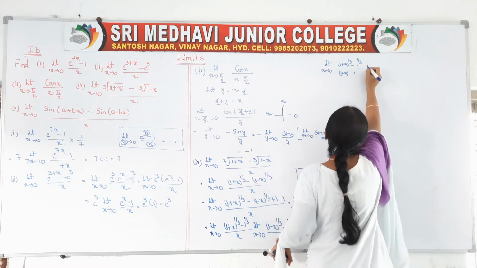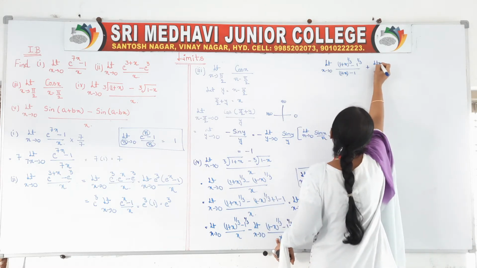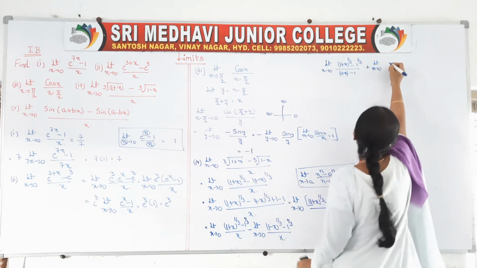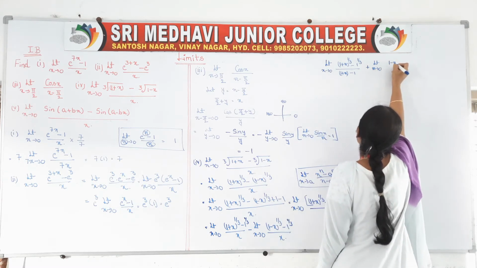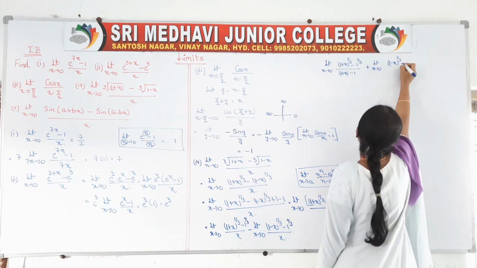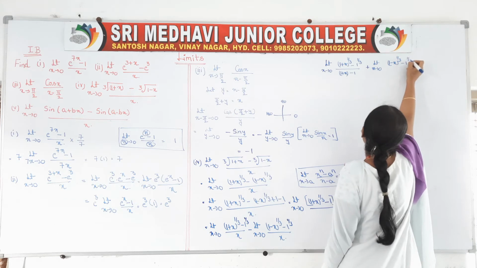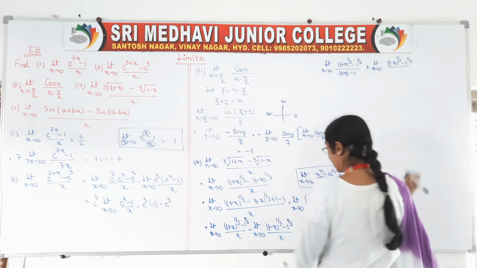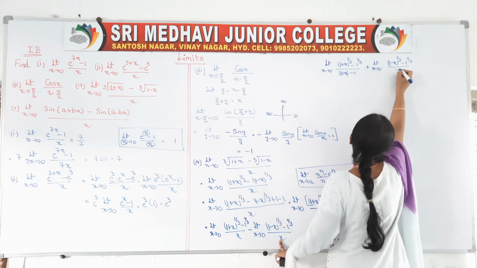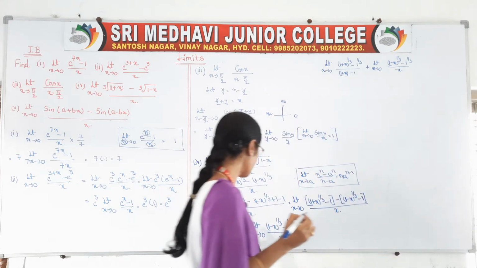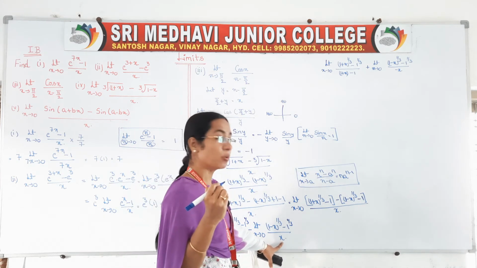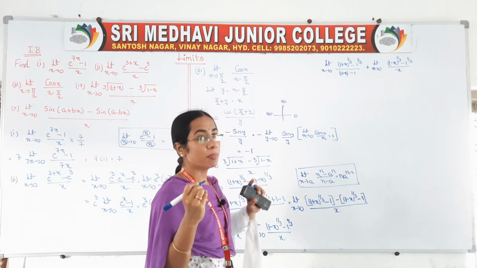And give this negative sign to x. Then you will have limit x tends to 0. So how can we take this one? (1 minus x)^(1/3) minus 1^(1/3) by... So we are giving a negative sign to this x, so it becomes minus x.